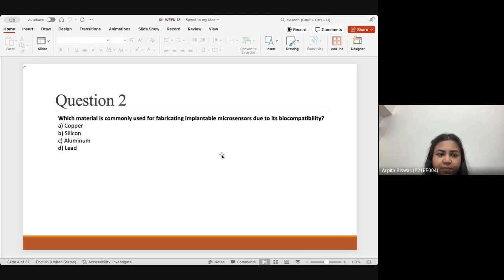The first option is copper, the second option is silicon, option C is aluminum, and option D is lead.